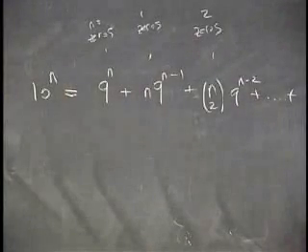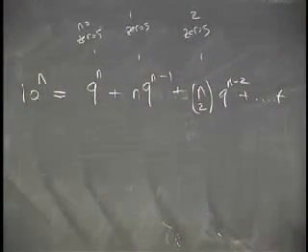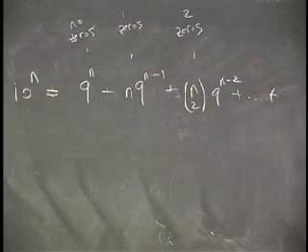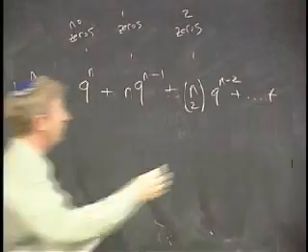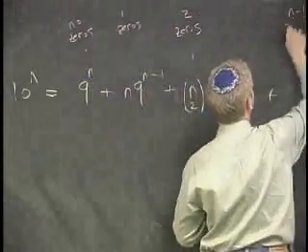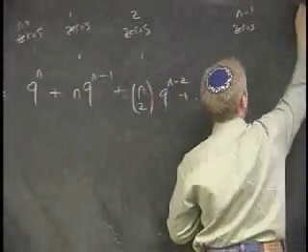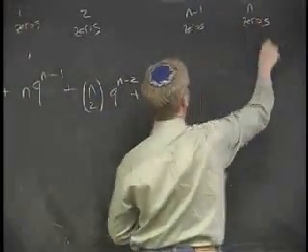How far do I go? No zeros, 1 zero, 2 zeros, up to n zeros, where they're all zeros. So I'll do the last 2 terms. Here's n minus 1 zeros, and here's n zeros. What do these last 2 terms look like?